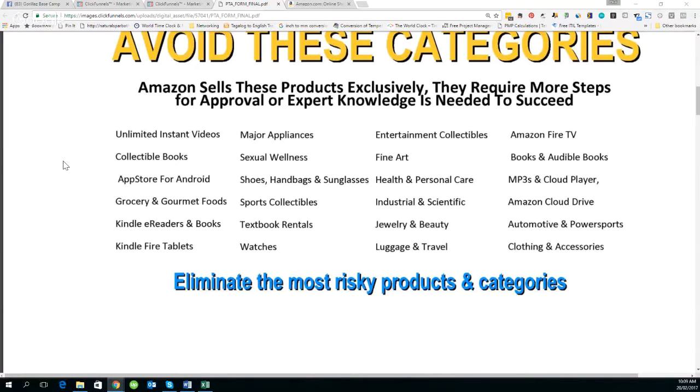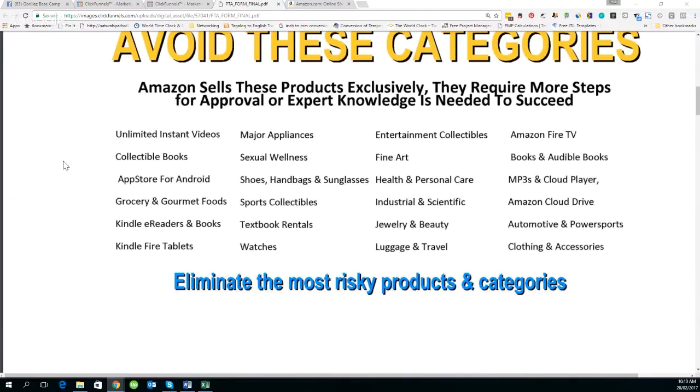Some categories are more difficult to get ungated in than others, but depending on what time of year it is or how Amazon are positioning that category, we need to provide various different documentation. They do change their requirements from time to time.